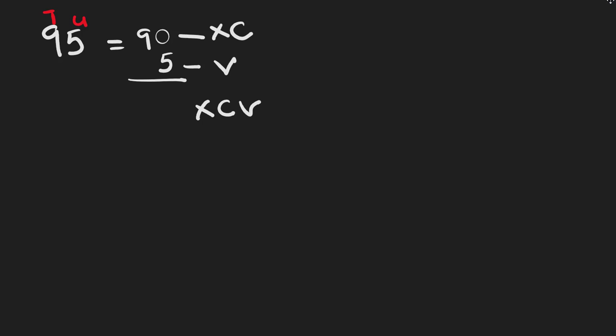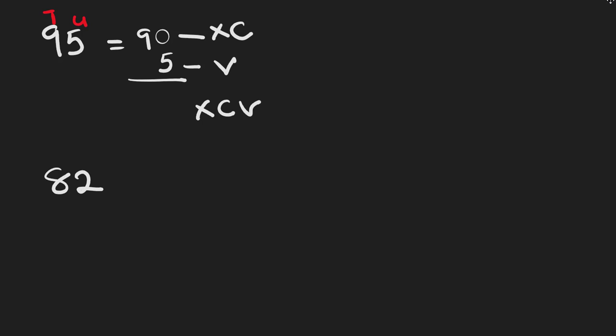You know that this one is unit, and this is tens, right? So if it is tens now, that means it's 90 and 5. And 90 is 100 minus 10, and 5 is V. So it's going to give you XCV.